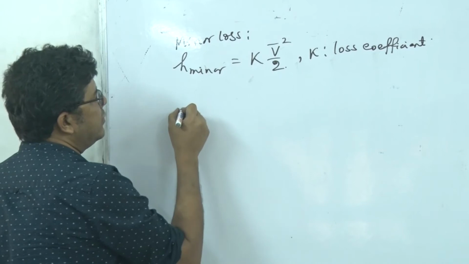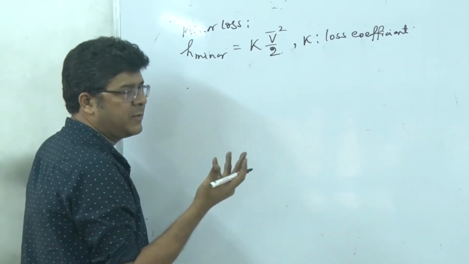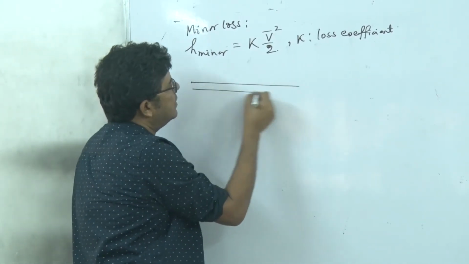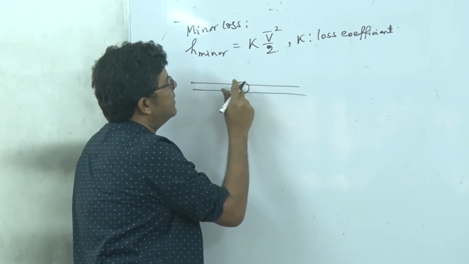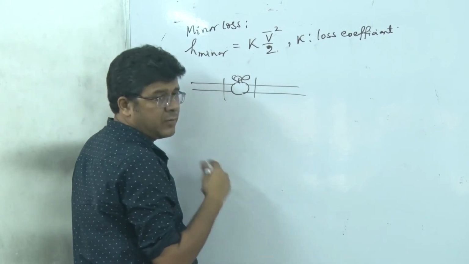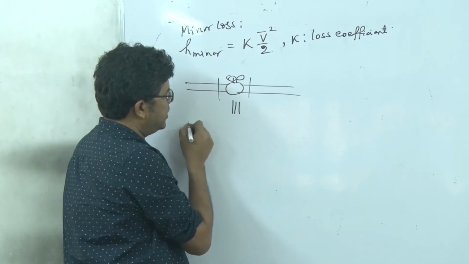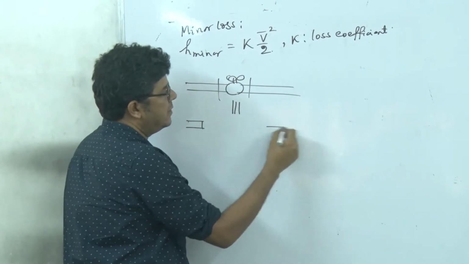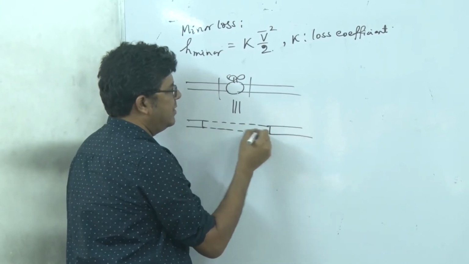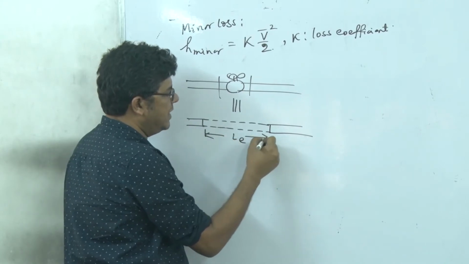The K values are listed, you don't have to remember them. If any problem is given, the K value will be supplied. So what is the alternative approach? Let's say I have a valve, and I want to calculate the pressure drop or the loss across the valve. We will imagine a pipe segment replacing that valve, and this pipe segment has a length LE.